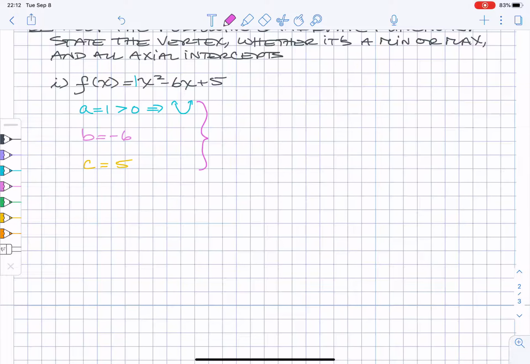Let's make that purple. Okay, so what was h? H was negative b over 2 times a. So for us, that's going to be negative of negative 6 divided by 2 times 1.